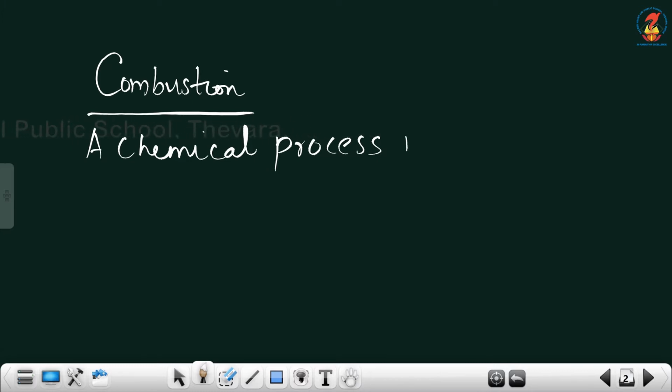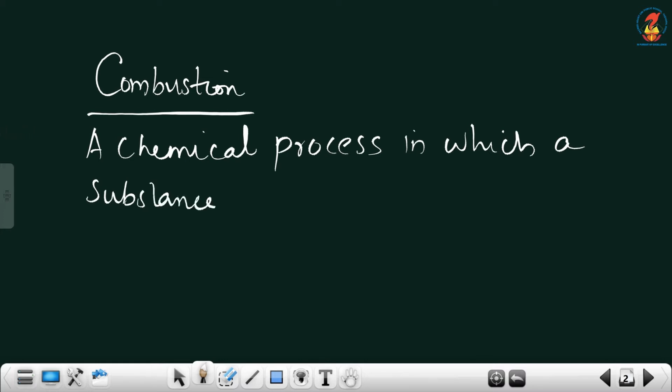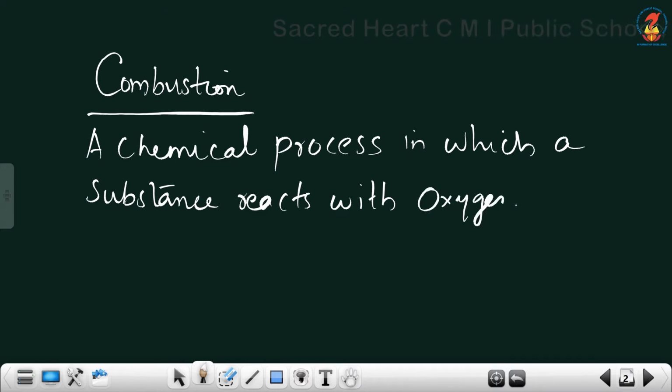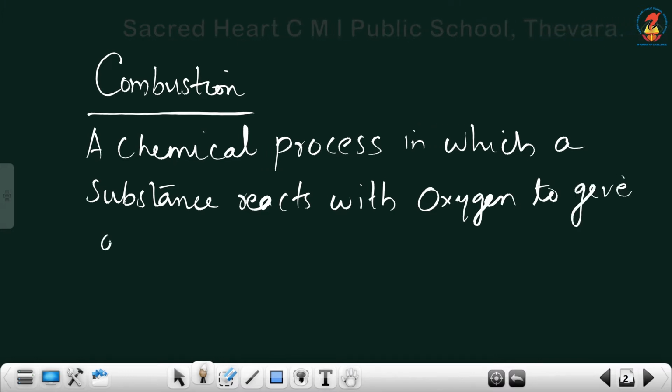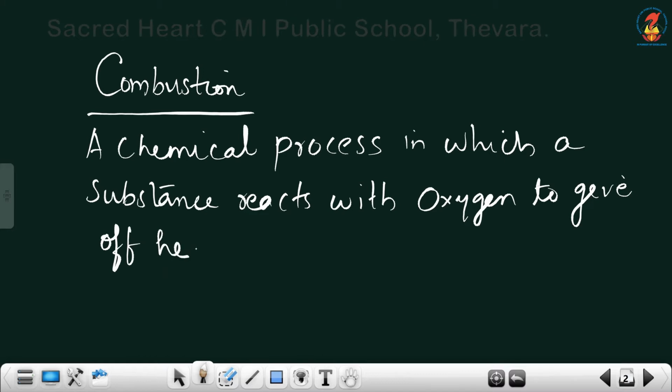A chemical process in which a substance reacts with oxygen to give off heat is known as combustion.